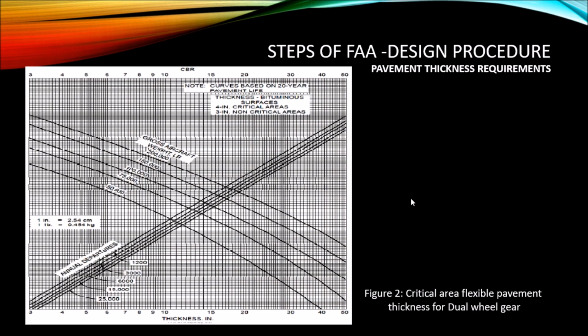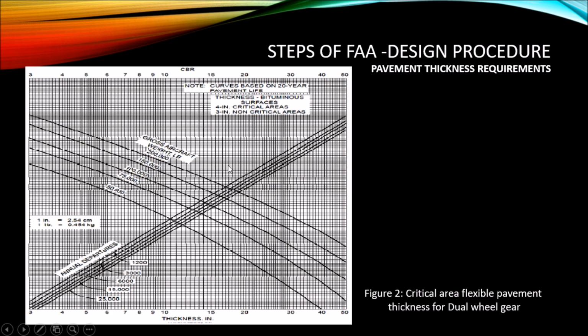So we go to where we have a CBR value of 10, an annual departure of 9,900, and a weight of 190,000. It's between 150 and 200, very close to 200.